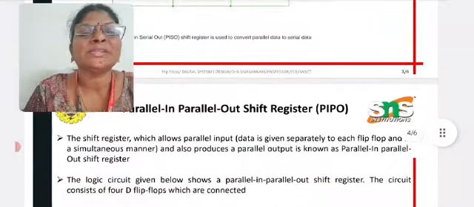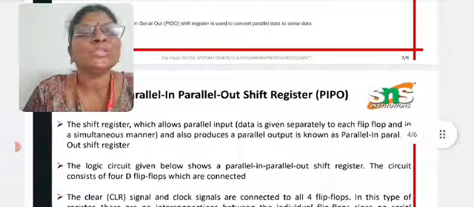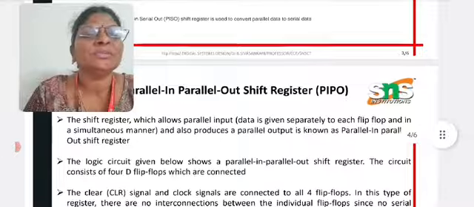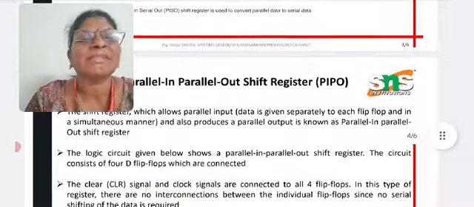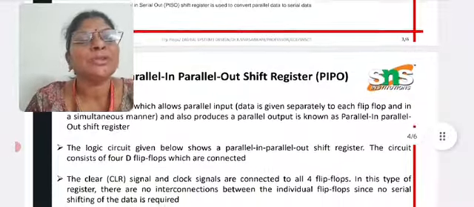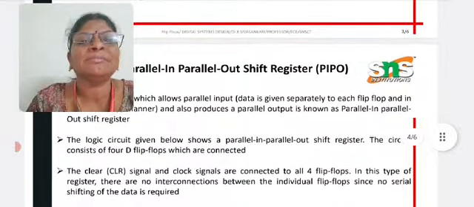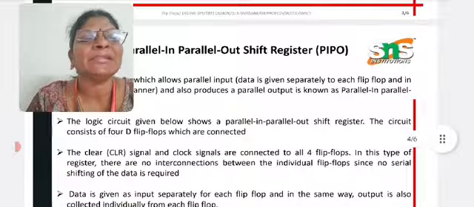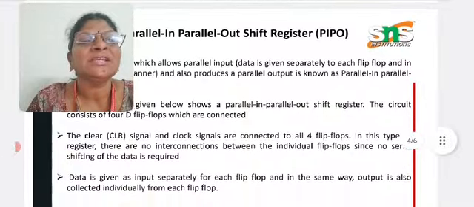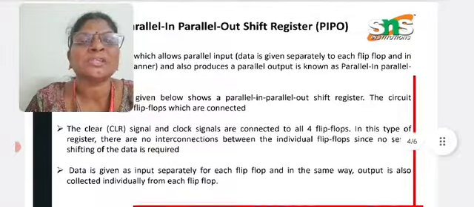So the next one is parallel in parallel out. The shift register which allows parallel input, that is, the data is given separately to each flip-flop in a simultaneous manner, and also produces a parallel output is known as a parallel in parallel out shift register. The logic circuit given below shows a parallel in parallel out shift register. This circuit consists of 4 D flip-flops which are connected together.